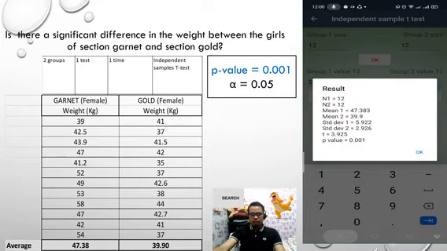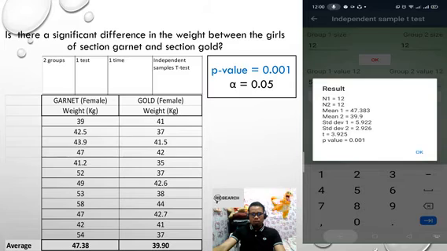Standard deviation tells us how far or close the figures are, but I will not give emphasis to this. Rather, I will give emphasis to the p-value because I will teach you how to decide when to accept or reject the null hypothesis by just looking at the p-value.